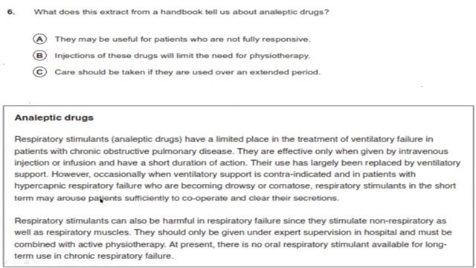So here it is talking about the unresponsive or not fully responsive patients with short-term treatment.